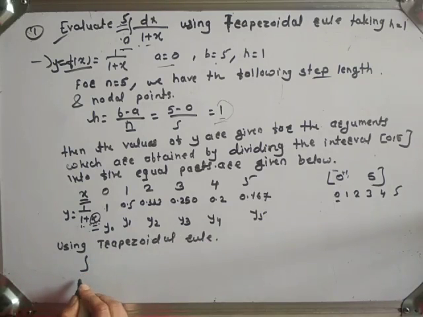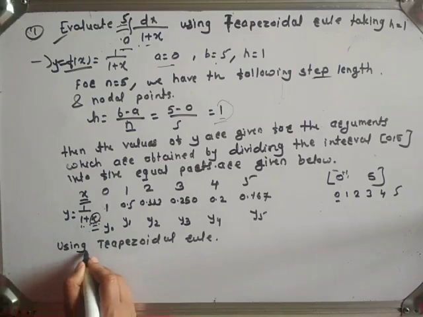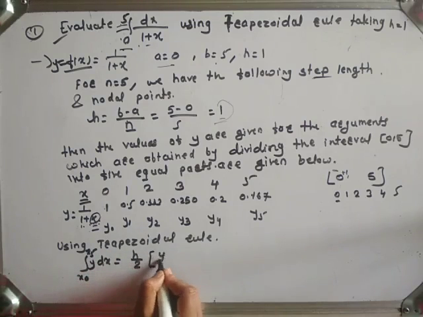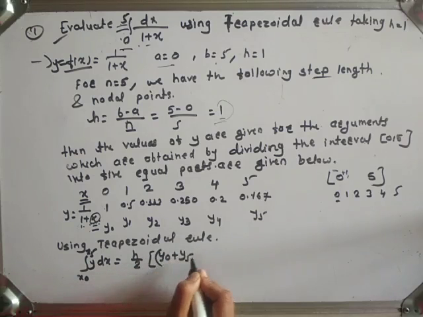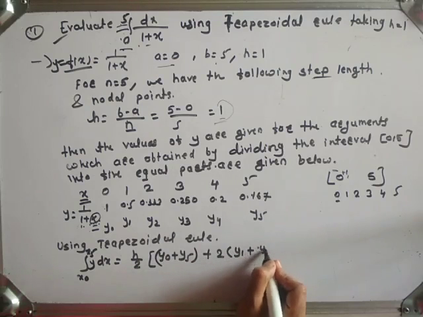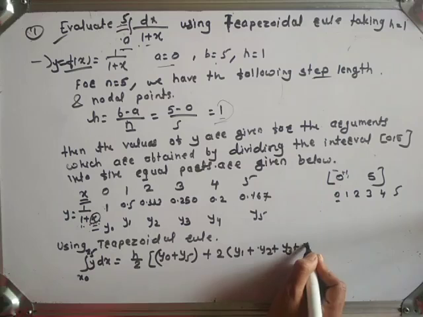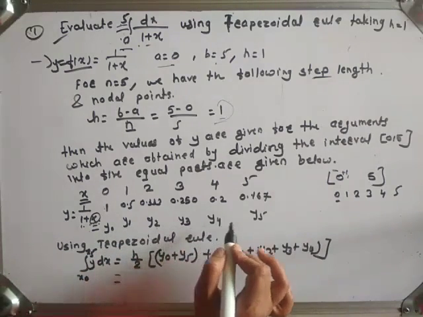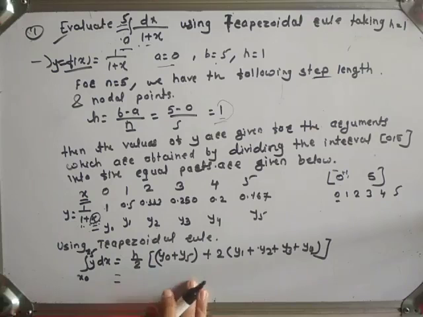The rule is the integration from x0 to xn, here xn is x5, of y dx is equal to h by 2 into y0 plus y5 plus 2 into y1 plus y2 plus y3 plus y4. Okay, very simple. Put all the values of y0, y1, y2, y3, y4 and y5 in this formula and solve it.